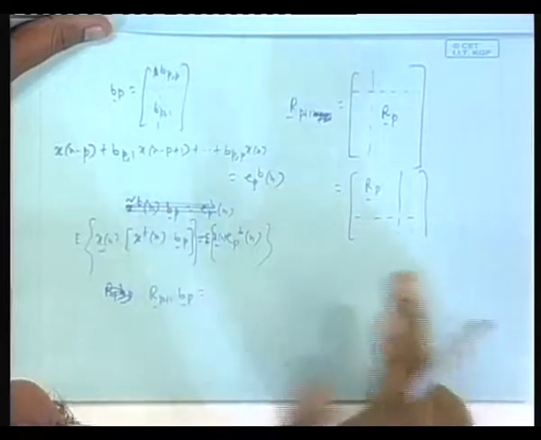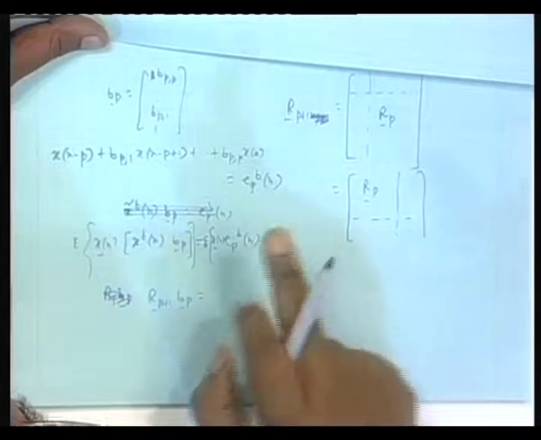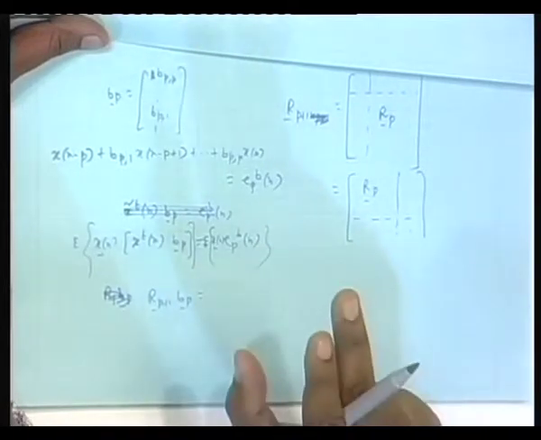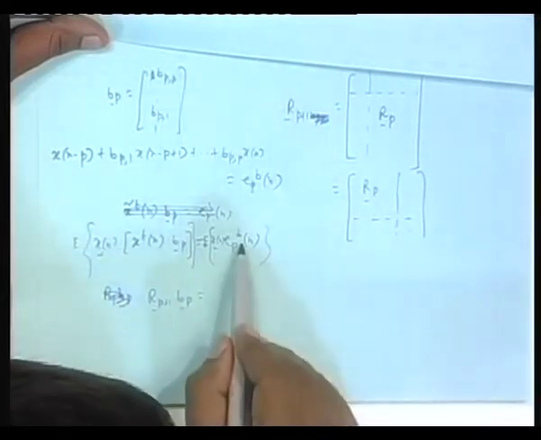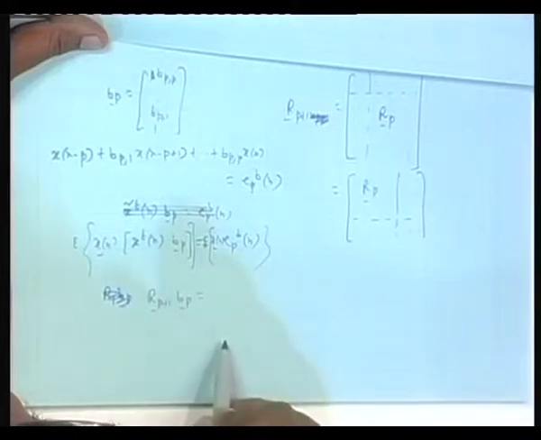Xn minus p projected on all the p future terms, I mean the space spanned by the future terms xn minus 1 up to xn minus p plus 1, and the error. So that error is orthogonal to whom? This error is orthogonal to the top component, the next component, except for the last one.